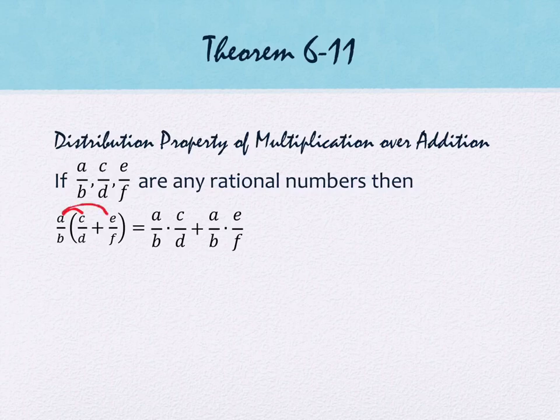We just distribute the pieces through. So a over b gets multiplied by c over d, and a over b gets multiplied by e over f. And then we use our properties that we said for multiplication, where we just multiply the two numerators, multiply the two denominators, and so forth.